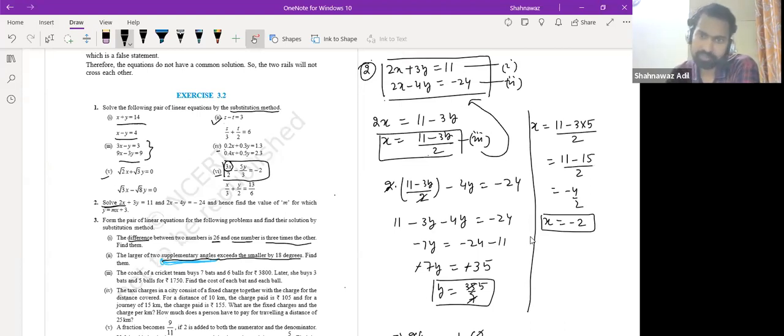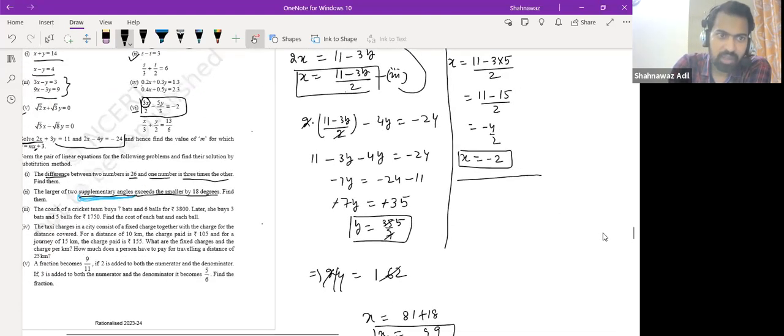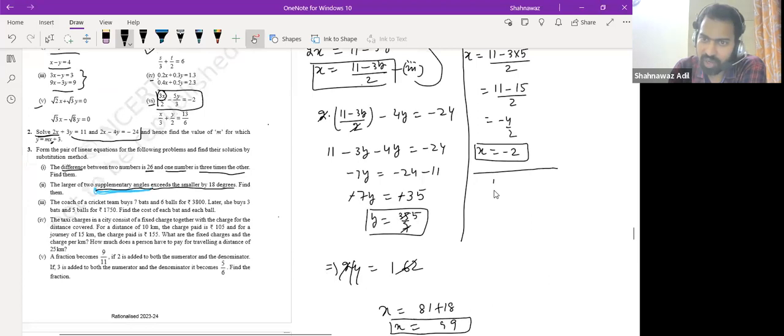Is it clear? Now let us again understand the question further. So this part we have done. Now hence find the value of m for which y is mx plus 3. So do we know the value of x? And we also know the value of y. So from the question it is given that y is mx plus 3.